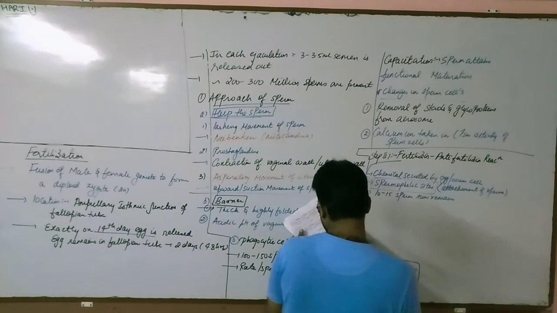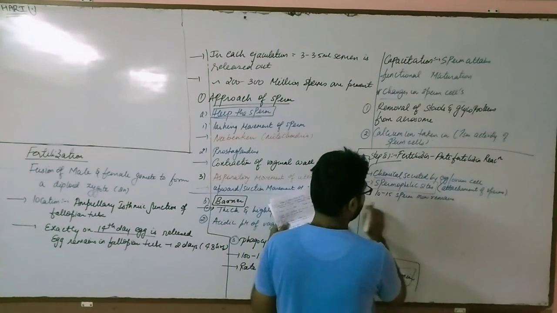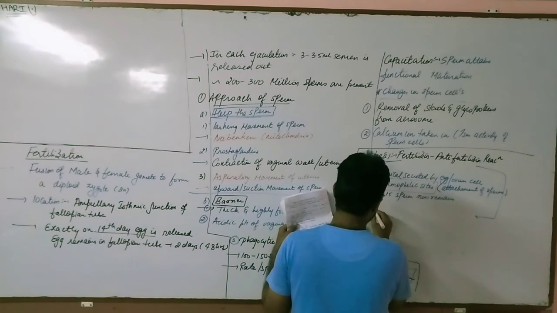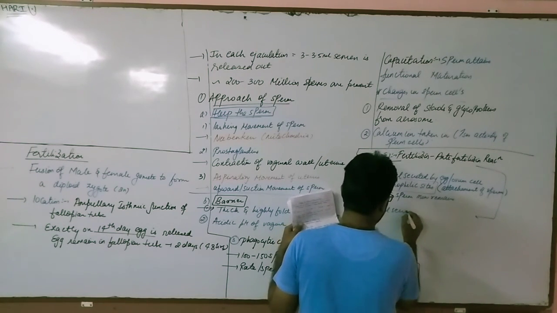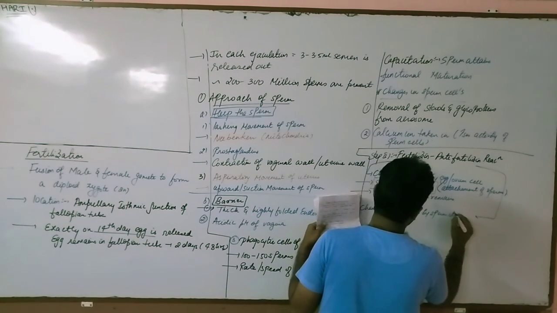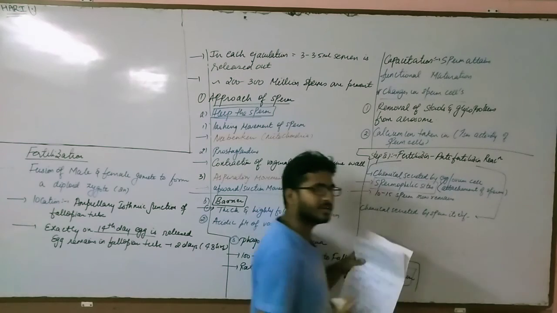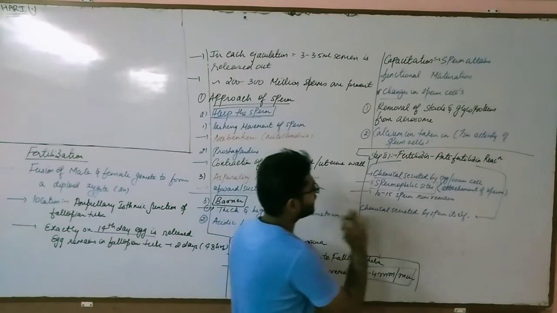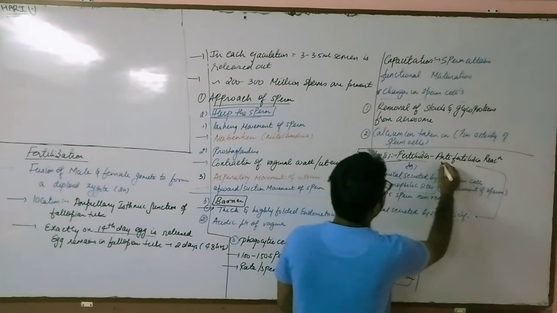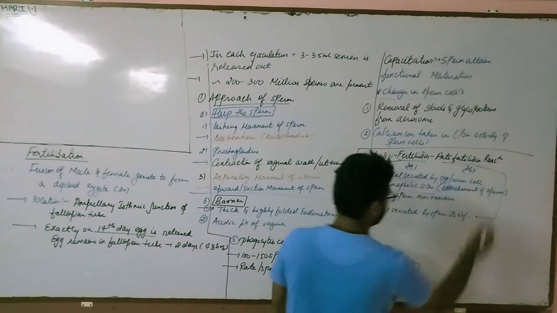Anti-fertilizin means what? It is a chemical which is secreted by the sperms itself. It is like a kind of antigen-antibody interaction. So say for example, if fertilizin is acting as an antigen, then anti-fertilizin is acting as an antibody, right?